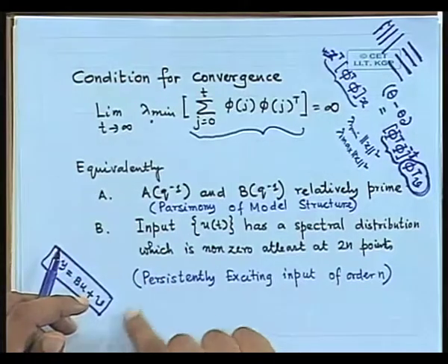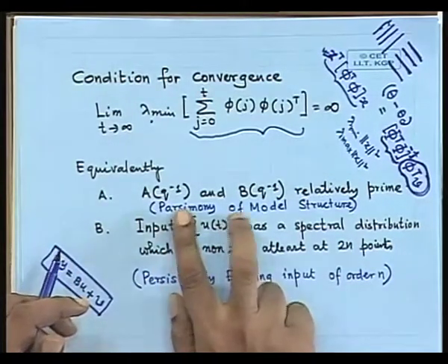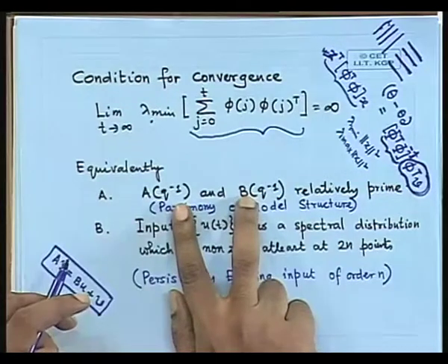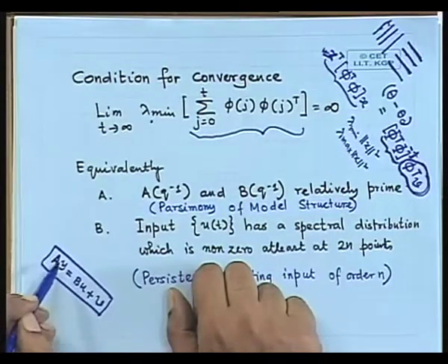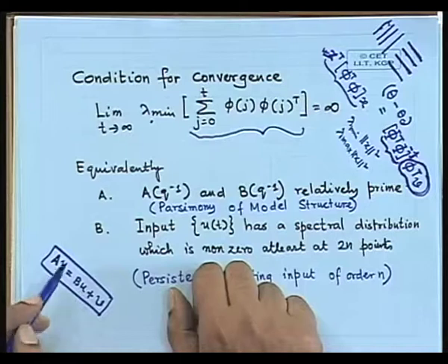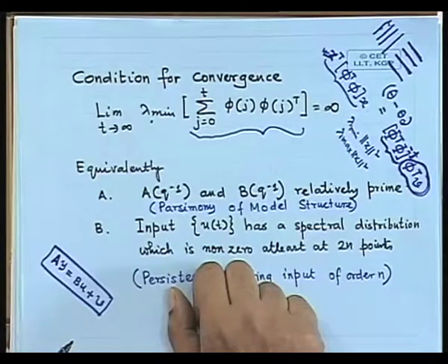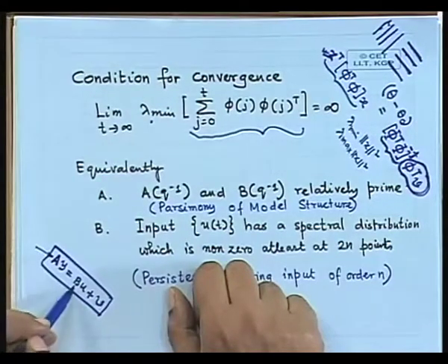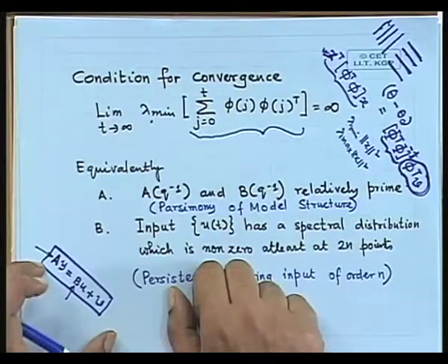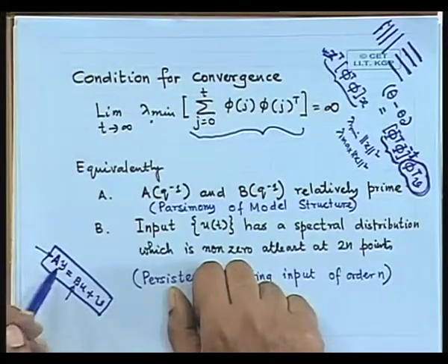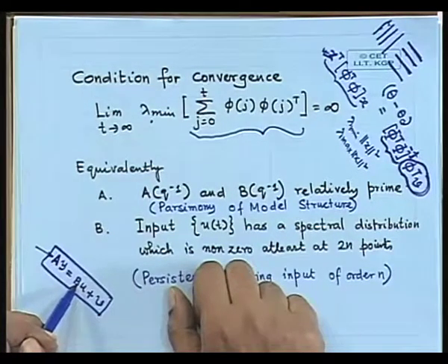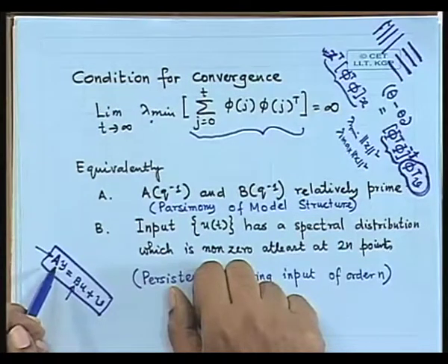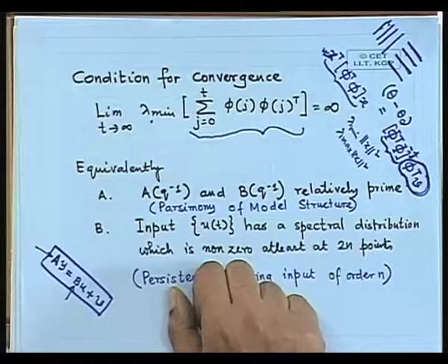The other thing is that you must choose such a model structure such that there should not be any common factor. That if you take a system Y and U which fits in this kind of a description, that is the data is generated in this manner where A is a polynomial, B is a polynomial, that is the data itself fits this description, and you have taken this A and this B to estimate your parameters, then this A and this B should be relatively prime, that is they should not have any common factors.